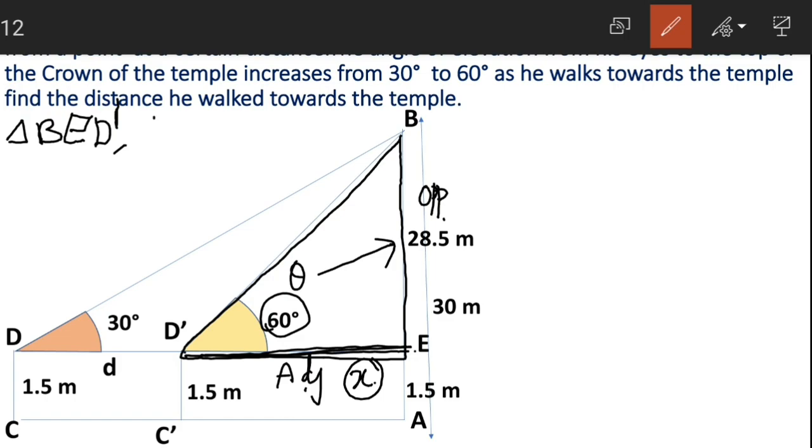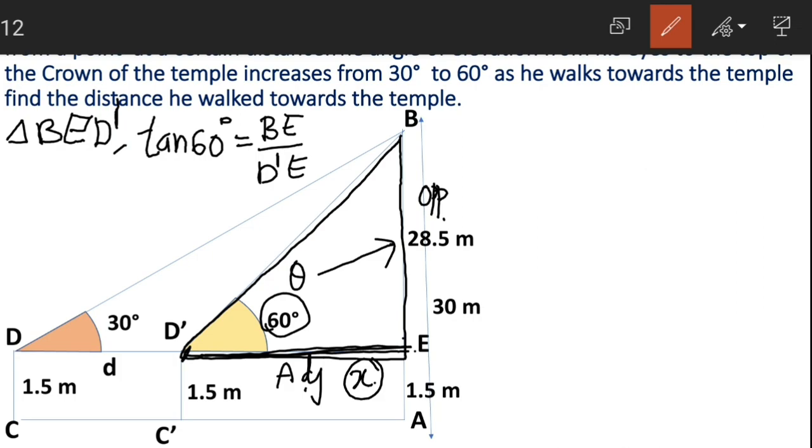So consider the tan formula here. That is tan 60 degrees is equal to opposite, that is BE length, by adjacent, that is D dash E. The length D dash E here.